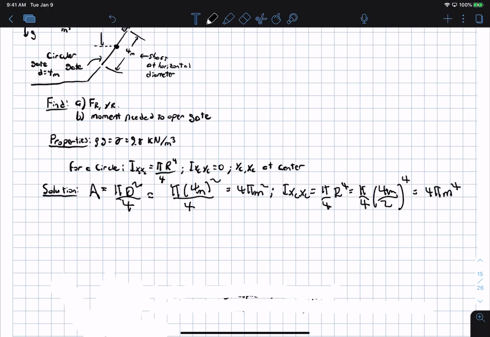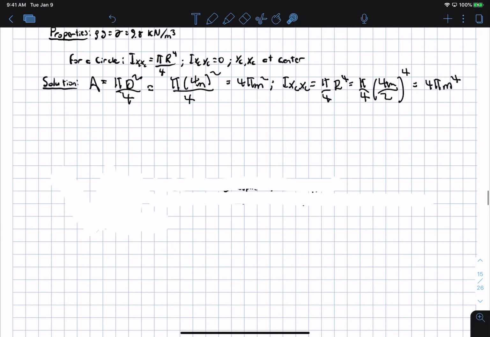Okay, so we've just done our back of the envelope things to find the moment of inertia, which we're going to need, and the cross-sectional area. So now we want to find the resultant force that's pushing on the shaft and the net moment. So part A, we're to find the resultant force.